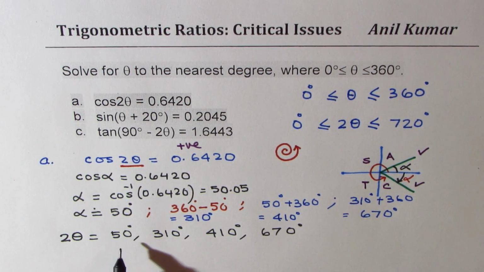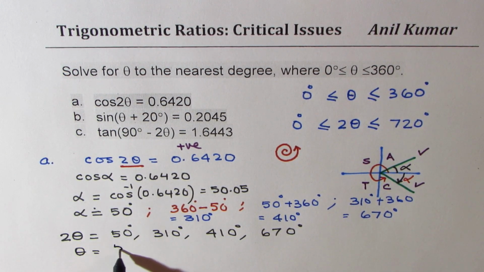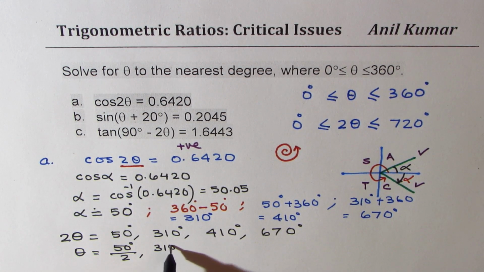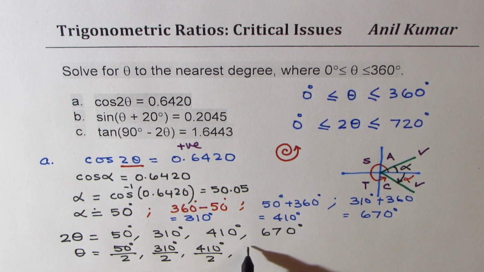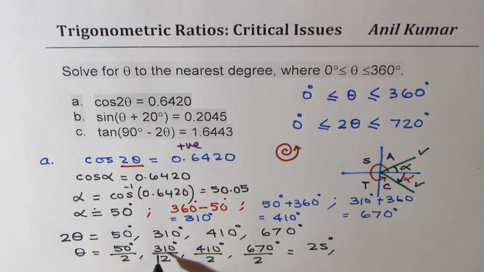So what is theta? Theta is half of these angles. So theta is equal to 50 degrees divided by 2, 310 degrees divided by 2, 410 degrees divided by 2, or 670 degrees divided by 2, which gives you the answer as 25 degrees, half of this, right?